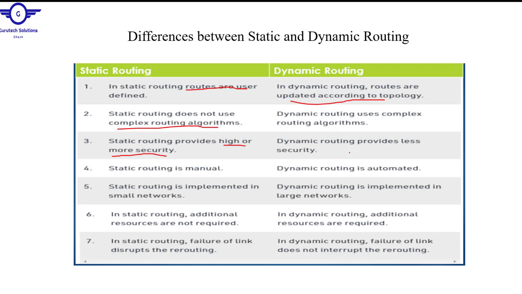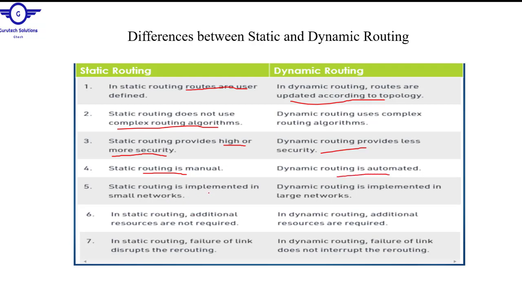For example, when one router is running OSPF and another one is running OSPF, they will form neighbors because they are running the same routing protocol. So that's a disadvantage because the security there is minimal. Another one is that static routing is manual, while dynamic is automated.